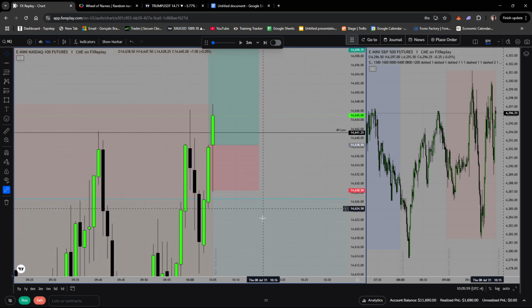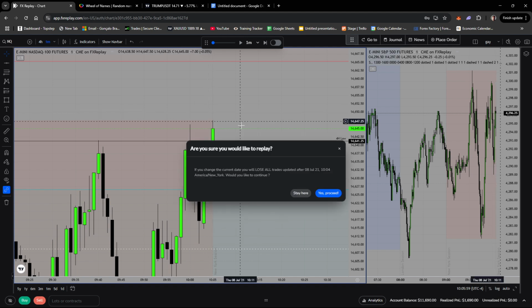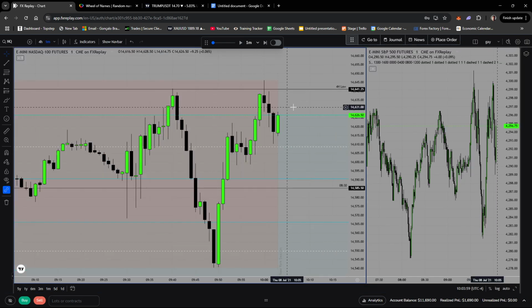So, oh no, we take a loss here. Let's go and add that on. We take a loss. So it opened up higher with a volume imbalance. This one, I was not waiting for the pullback.